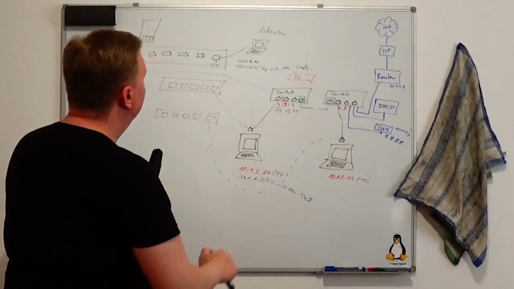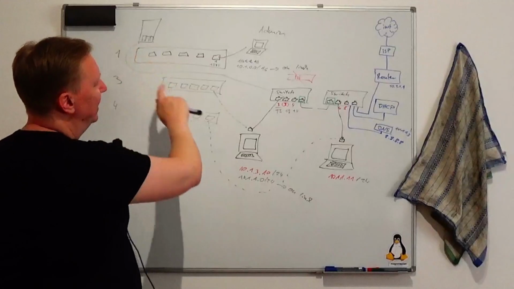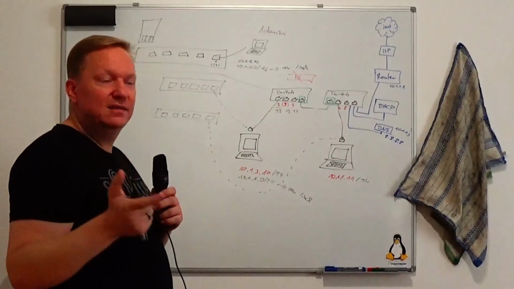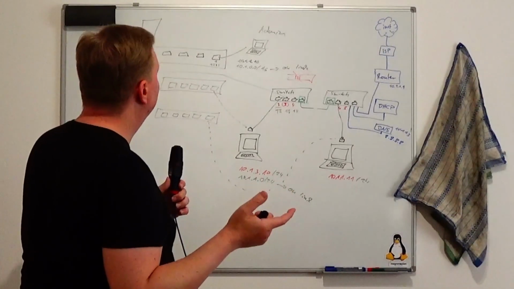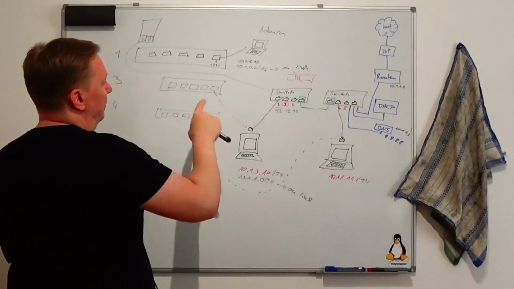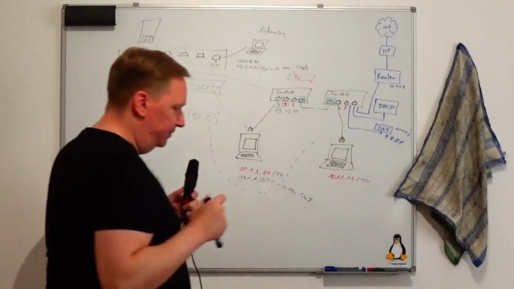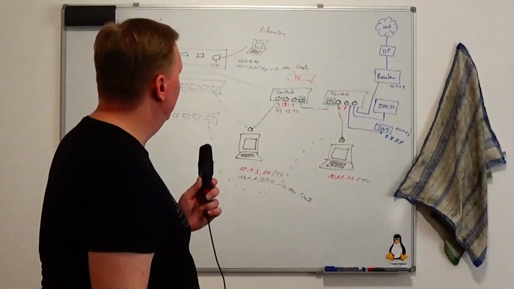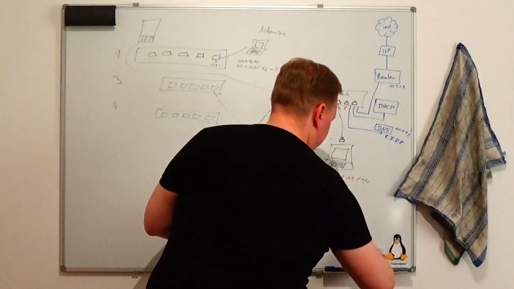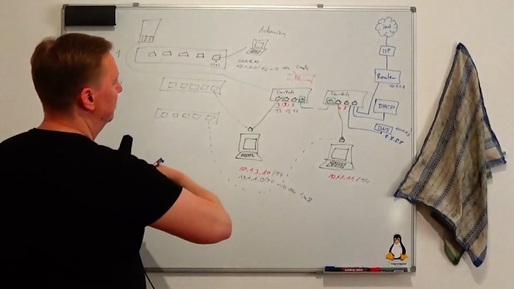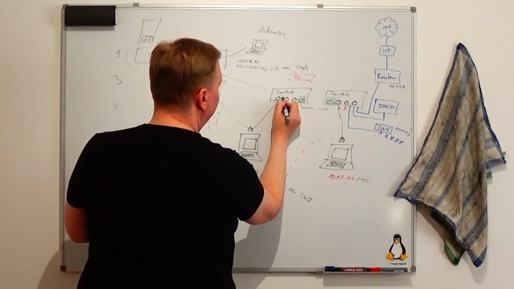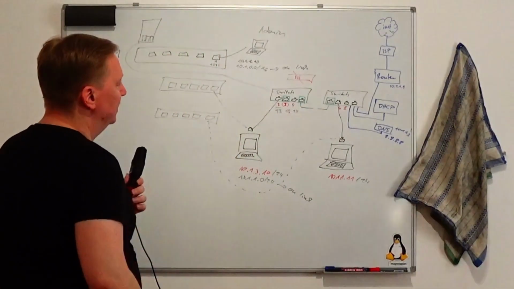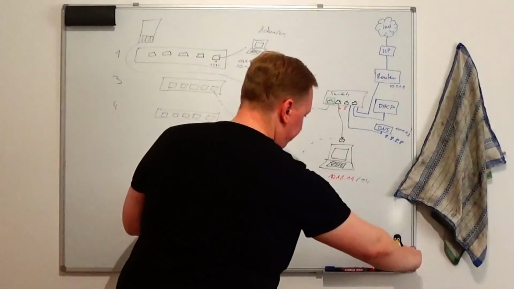Okay, and then the Raspberry Pi will be able to put VLAN tags on its Ethernet packets, so that the Raspberry Pi itself can decide which VLAN it wants to talk to. Okay, and for this to work, we then need to configure that port as a trunking port. Okay, otherwise the switch wouldn't allow that.